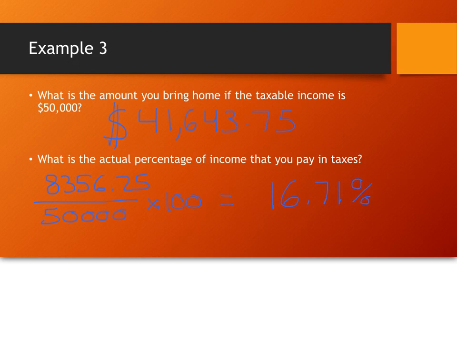And again, that looks very familiar because it was the exact same amount that we had when we filed as a single person and made $50,000 as a single person. Okay?